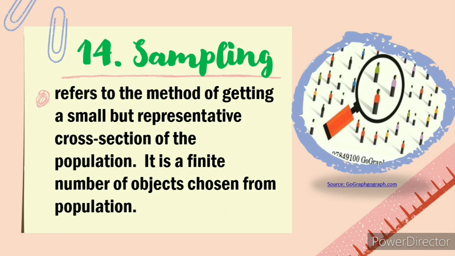It refers to the method of getting a small but representative cross-section of the population. It is a finite number of objects chosen from the population. Sampling methods are utilized to test the validity of conclusions or inferences from the sample to the population.